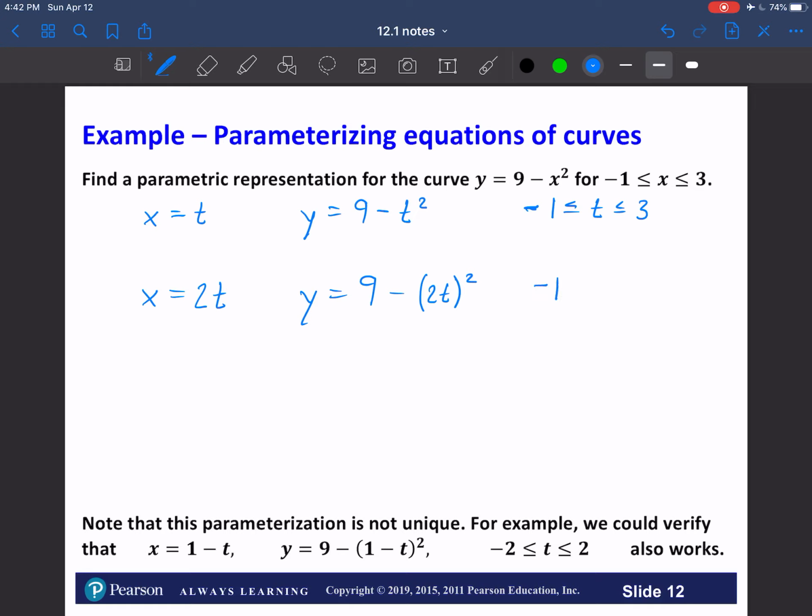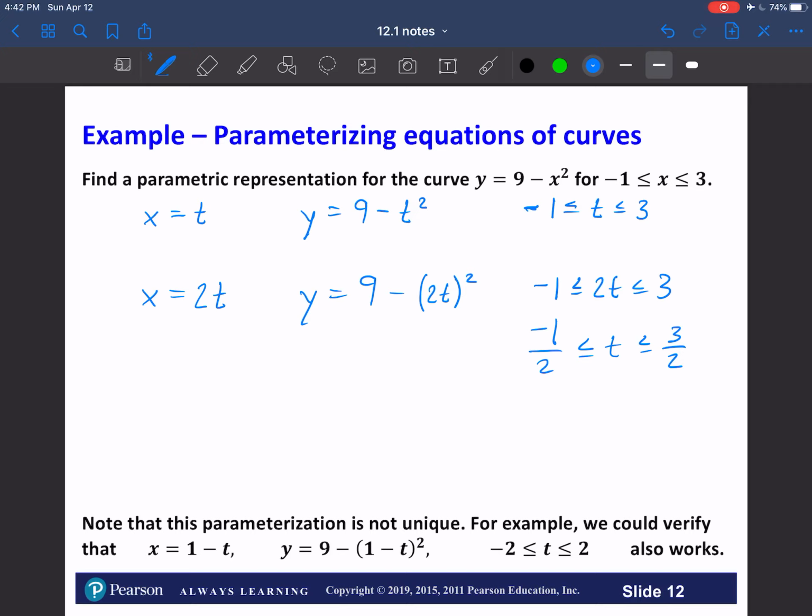And in this case, -1 is less than or equal to 2t, which is less than or equal to 3, which is the same thing as saying that -1/2 is less than or equal to t, which is less than or equal to 3/2. And this is also an equivalent parameterization.